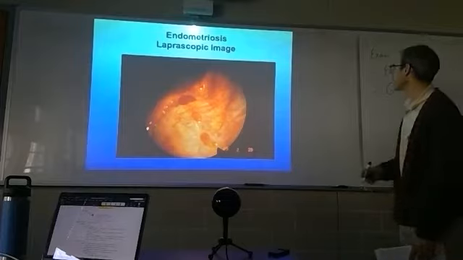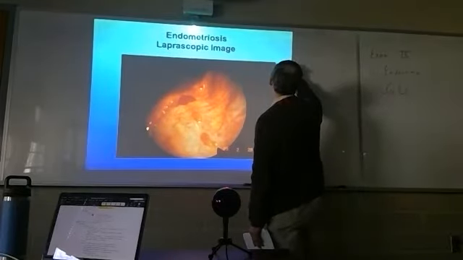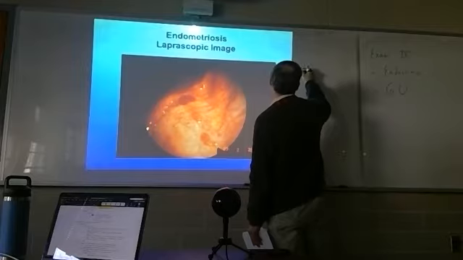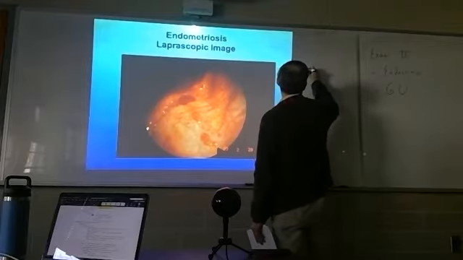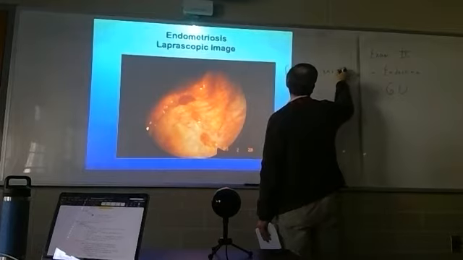Okay, a few things that we're going to need to know before we understand dysfunctional uterine bleeding. First, we need to understand that estrogen causes endometrial gland proliferation.